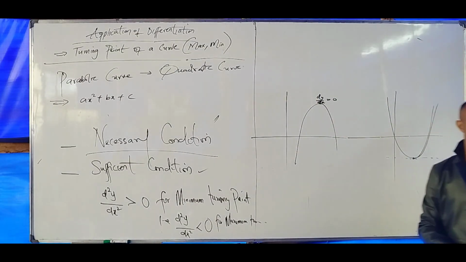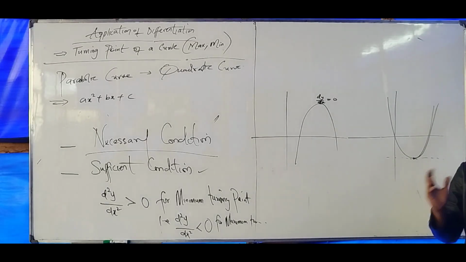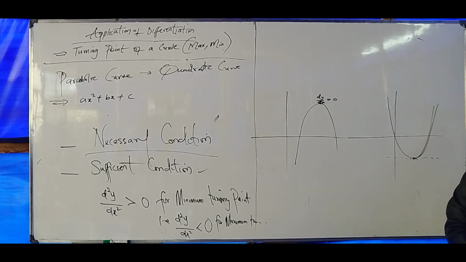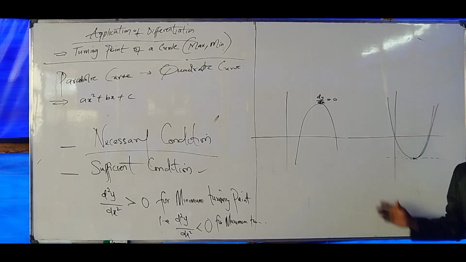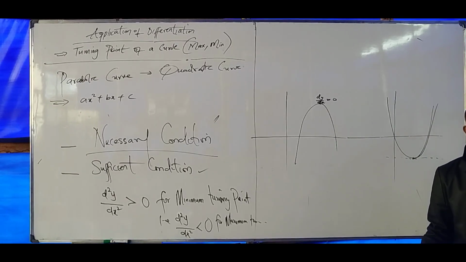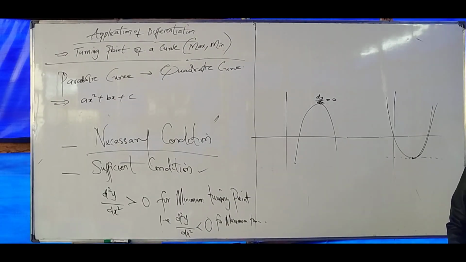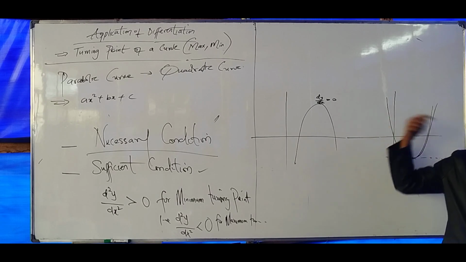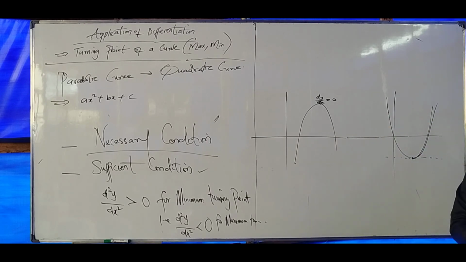But the issue now is this. If you are given an equation and asked to determine if it has a maximum or minimum, how do we know it? It's by differentiating the given expression.